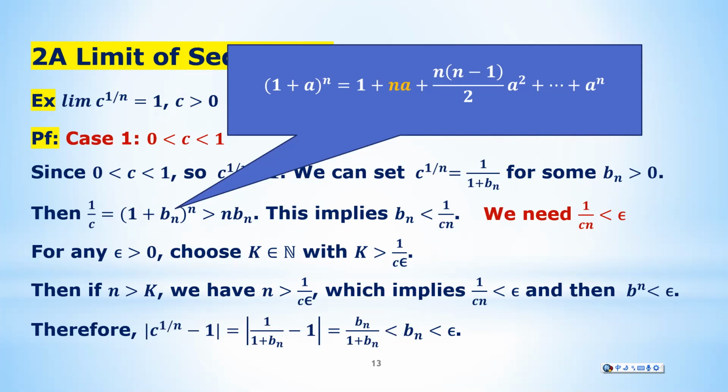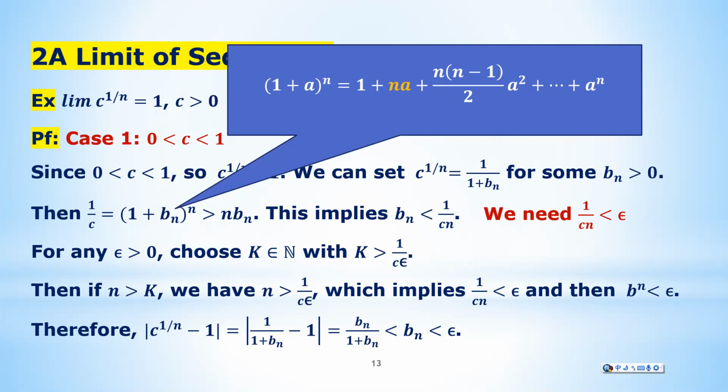First, c to the 1 over n minus 1, based on our expression, basically equals 1 over 1 plus bn, minus 1, based on our setting. Therefore, if you make the subtraction, this equals bn over 1 plus bn.